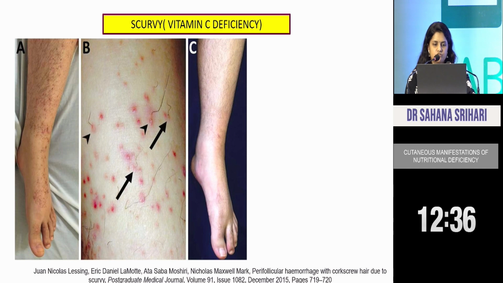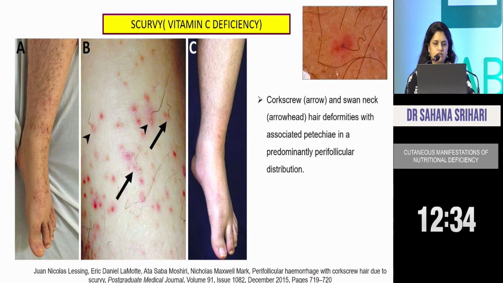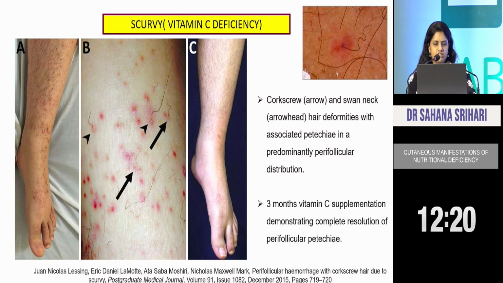Here we would like to show that in vitamin C deficiency, we can also have corkscrew and swan neck deformity of the hair strands, as shown in the figures, with associated petechiae in a predominantly perifollicular distribution. Figure C shows the same patient after 3 months of vitamin C supplementation, demonstrating resolution of the lesions.